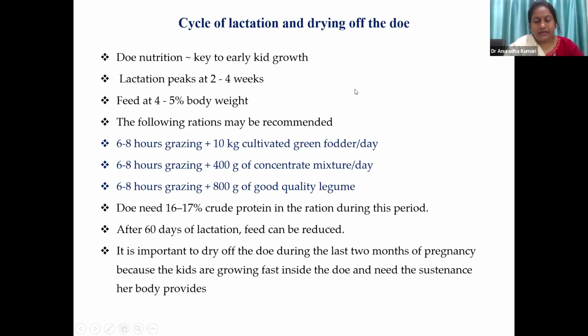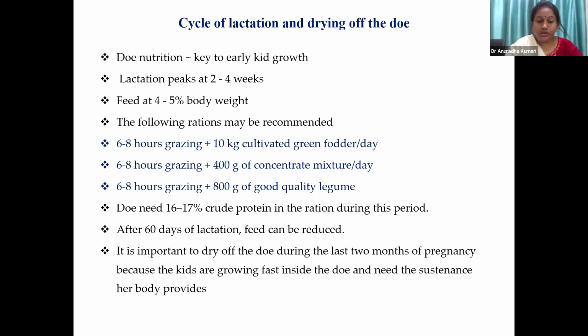After the kidding, the growth of the kid mainly depends upon the ration that is given to the lactating mother. At the lactation time, the mother should be given feed at the rate of 4 to 5% of body weight. We have 3 recommendations, and any one can be used for feeding the lactating mother. It is better to stop or reduce the amount of feed 60 days after the lactation.